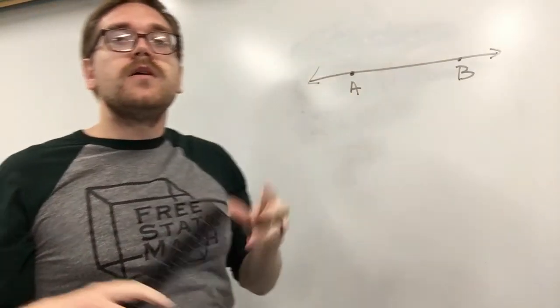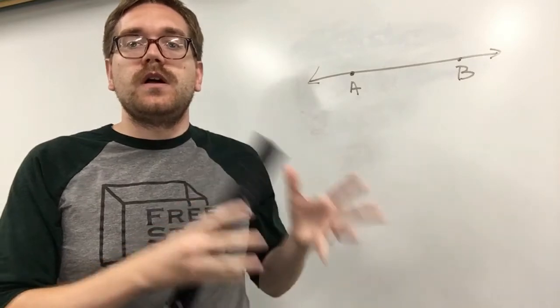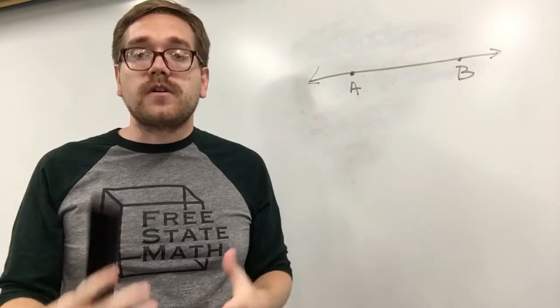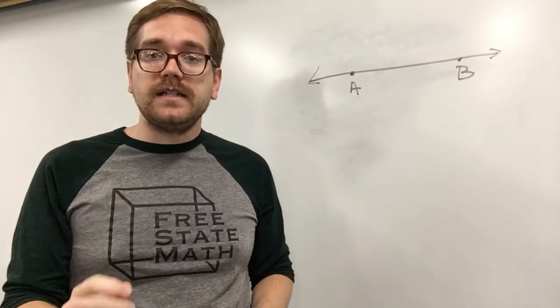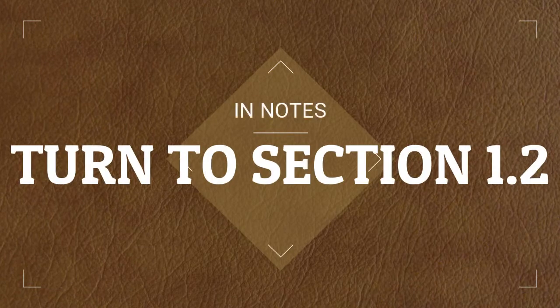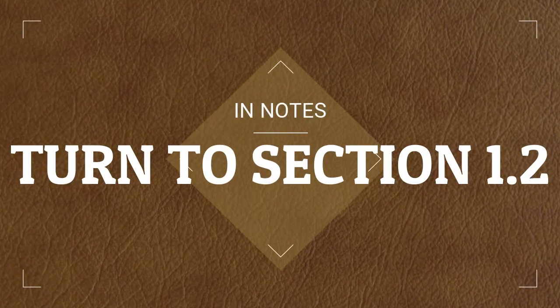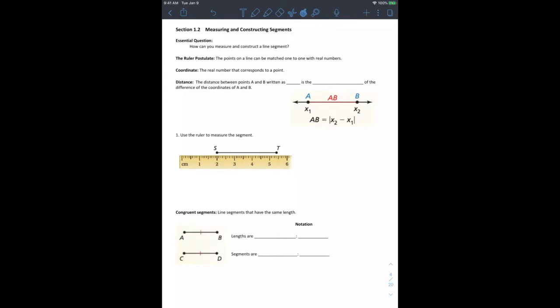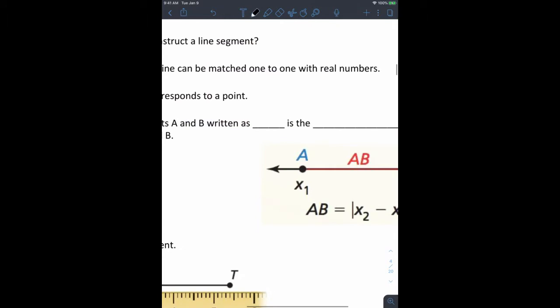This idea of points on a line corresponding to numbers on a ruler helps us talk about the idea of distance, which is our focus for today, specifically the distance on line segments. The distance between 2 points A and B can be written as AB.